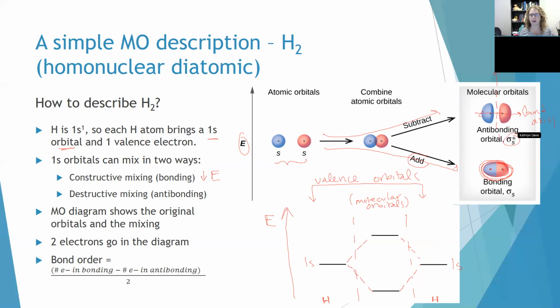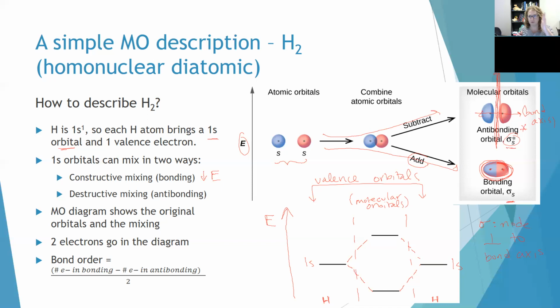And when a pair of orbitals mixes, you can stabilize and make a bonding orbital, or you can destabilize and make an antibonding orbital. And the way that I can tell antibonding is the presence of a star. The sigma here is because of the node. So sigma means the node is perpendicular to the bond axis. It cuts the molecule up and down. It cuts and divides the nuclei from each other.